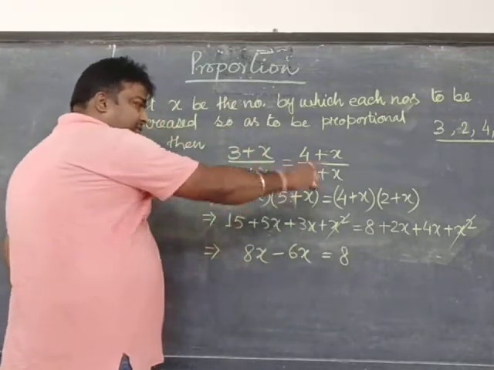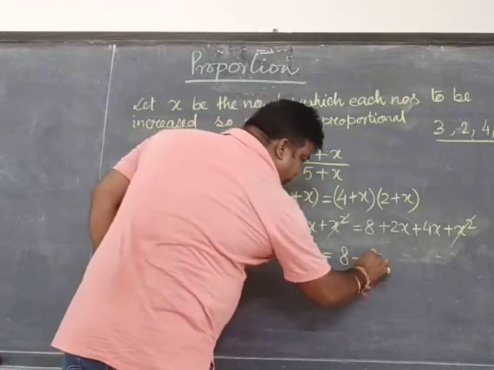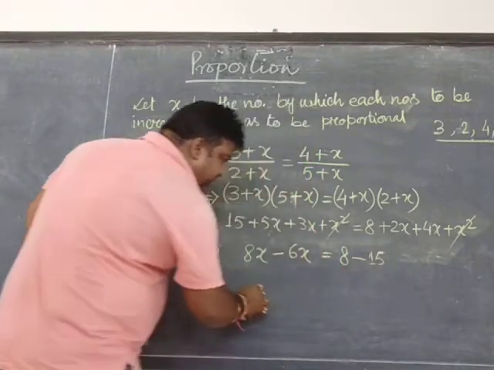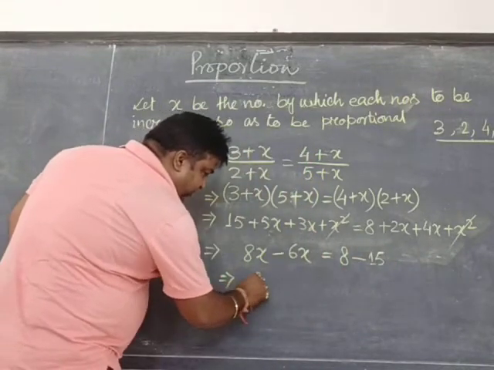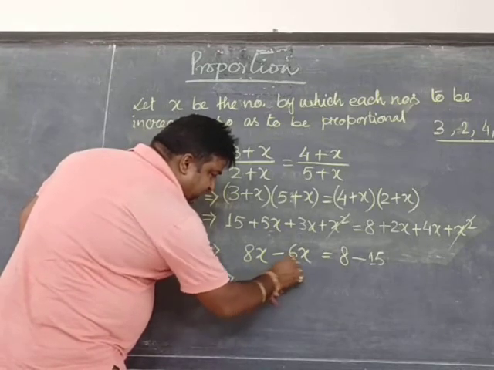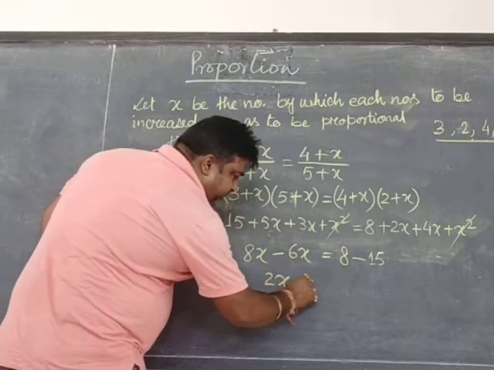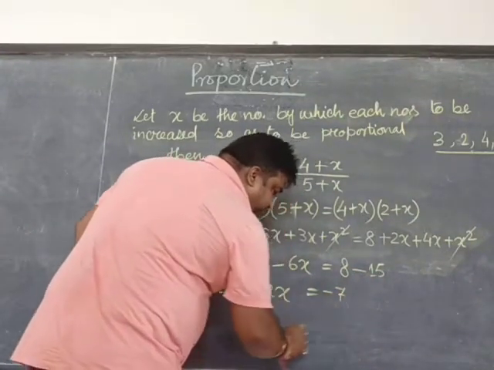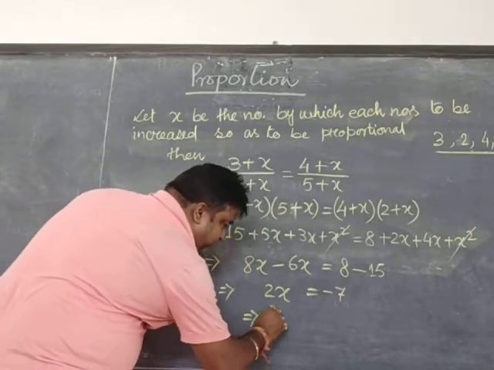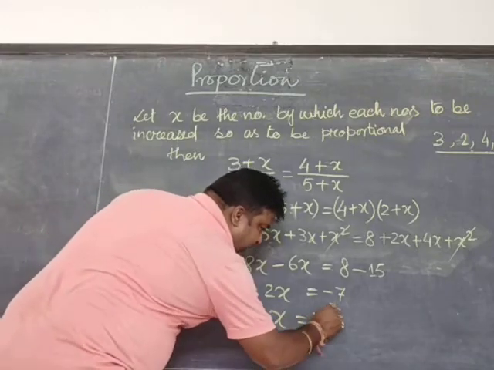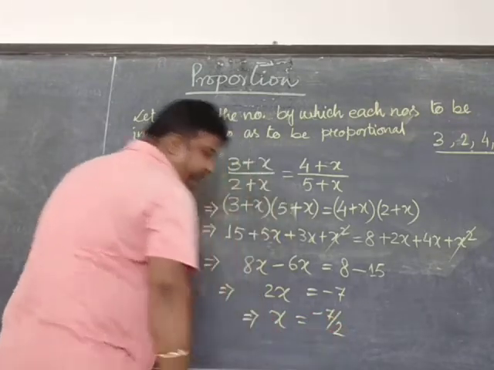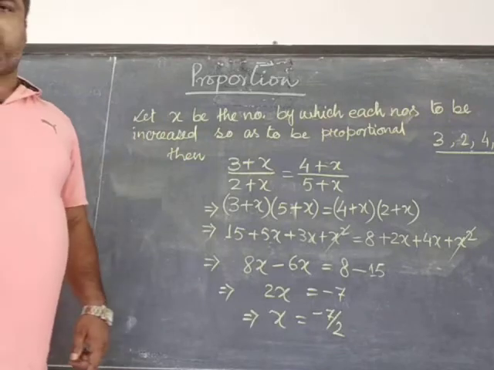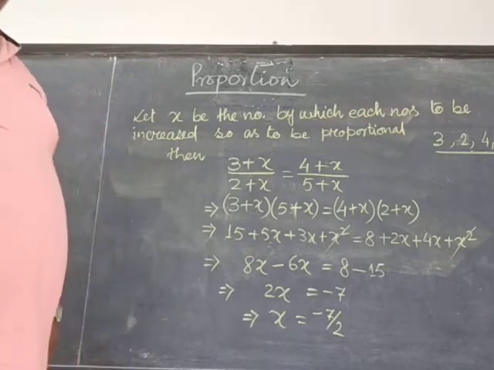From this side 12 will go to that side, so that will be minus 12. So then x equal to minus 2.